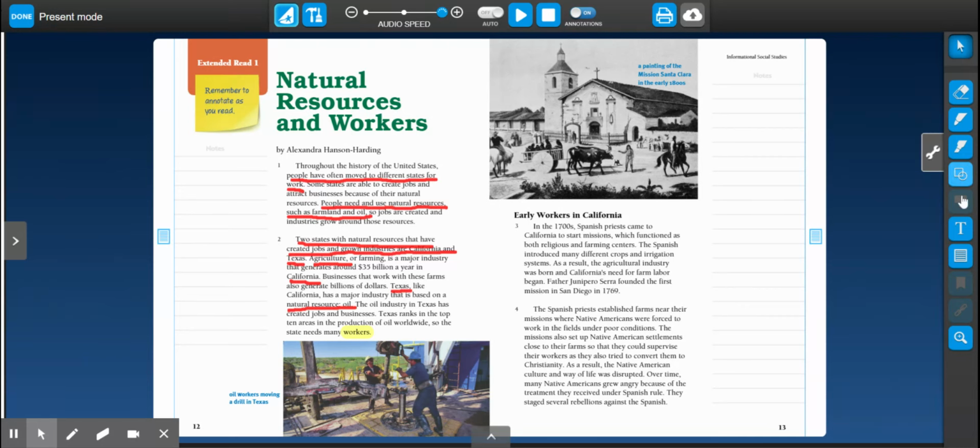All right, so after annotating this section, I am coming up with a main idea. And I want to say some states are able to create jobs and attract businesses because of their natural resources.